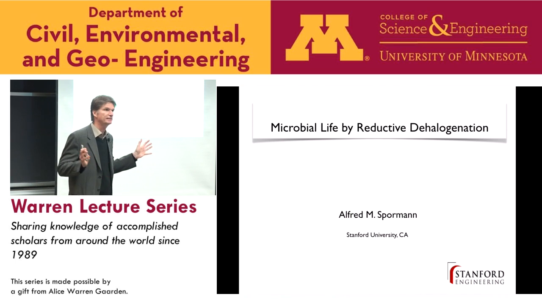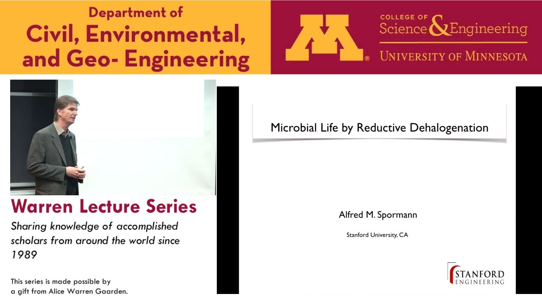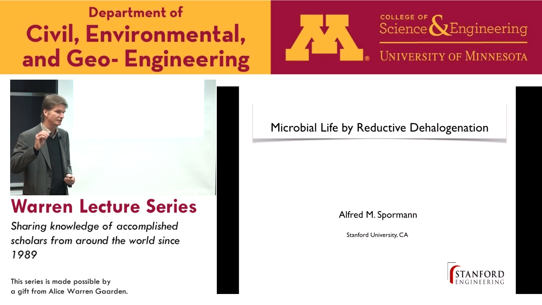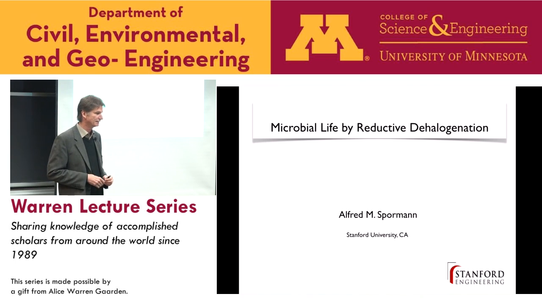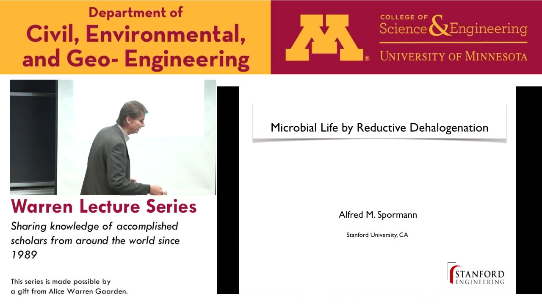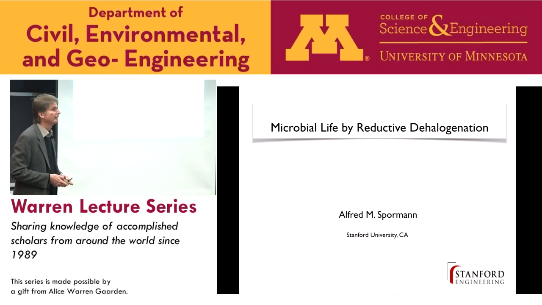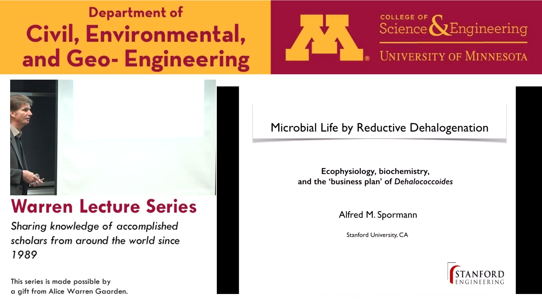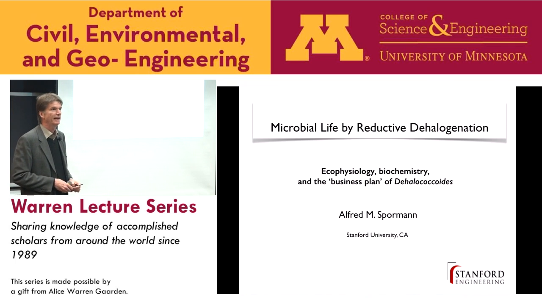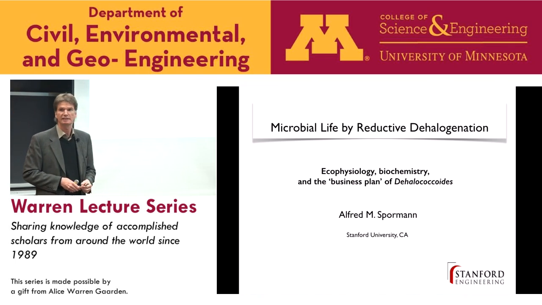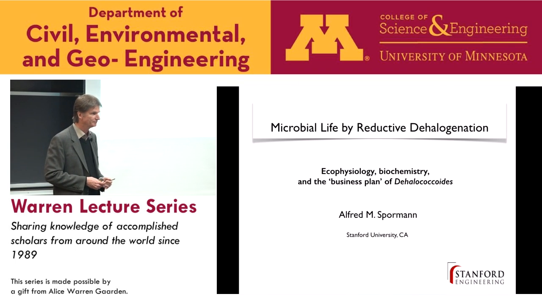And I understand that this is a broad audience, so I'll try to be general, and then for the more technically versed, I'll give you some specifics on some research that we are actually quite excited about. So I'm taking the view and perspective of a microbiologist, and I want to look at these reductive dehalogenations and specifically talk about the organisms that are involved in chloroethene degradation and give you a flavor of what we think is the business plan of this organism.